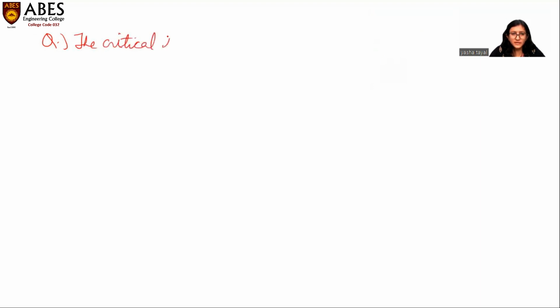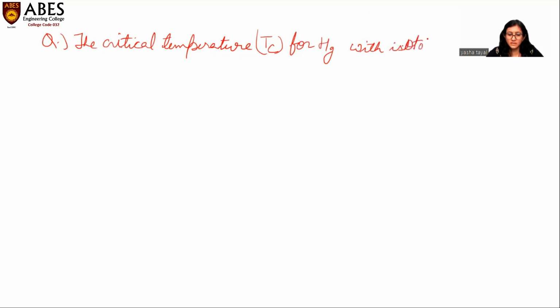The critical temperature Tc for a specimen of mercury with isotope 199.5 atomic mass unit is 4.185 Kelvin.